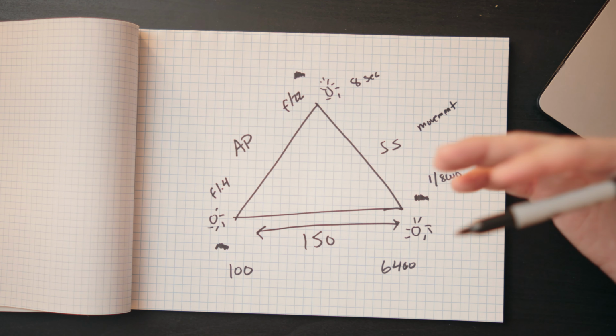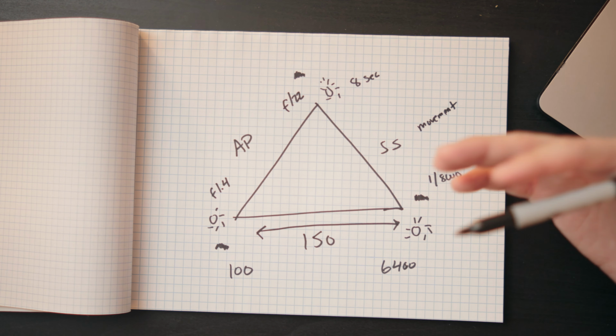But if you shoot at 1/8,000th of a second, it's going to freeze your motion. Okay, so you need to know when you are playing with your shutter speed, the slower your shutter speed is going to blur motion, and the faster your shutter speed is going to freeze it. That's the trade-off for shutter speed.